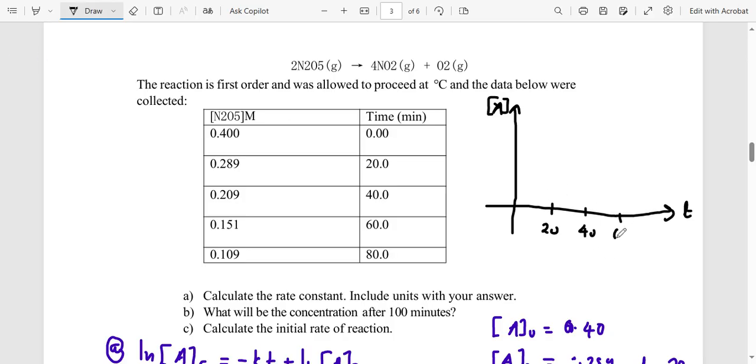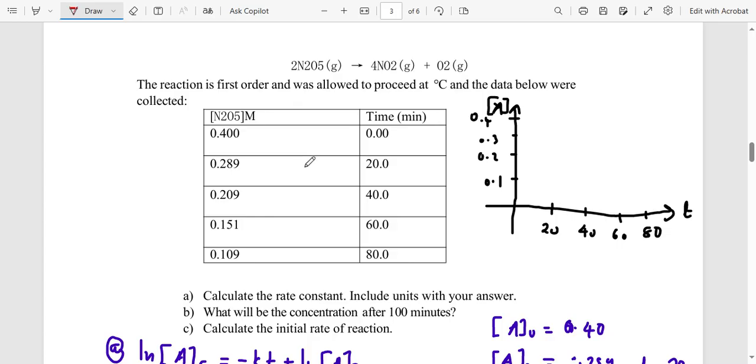This is 60 and then 80 somewhere there. And then going up, you can see we have 0.4, 0.2, 0.1. So let's say this is 0.1, this is 0.2, 0.3, and then at the end we have 0.4.